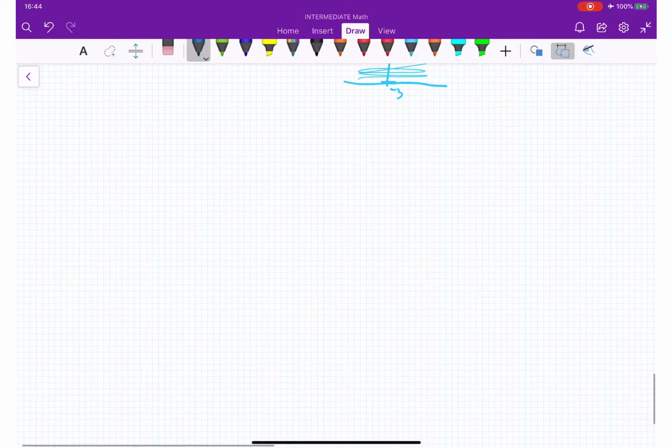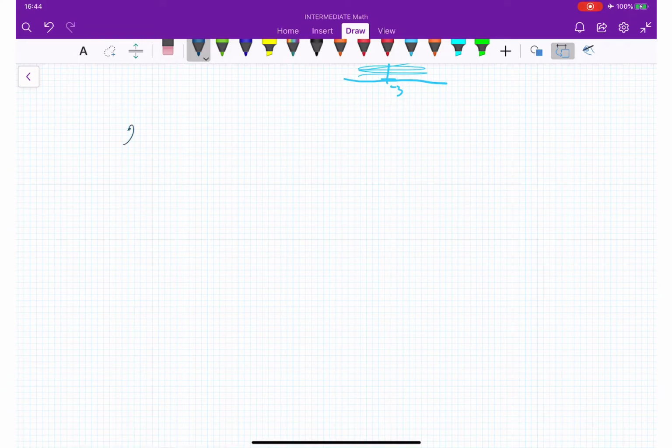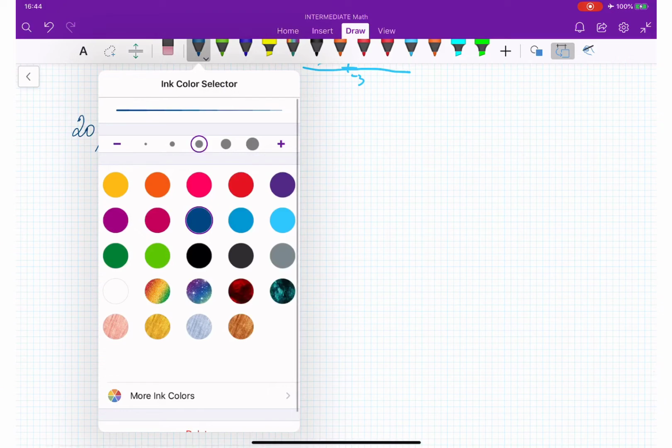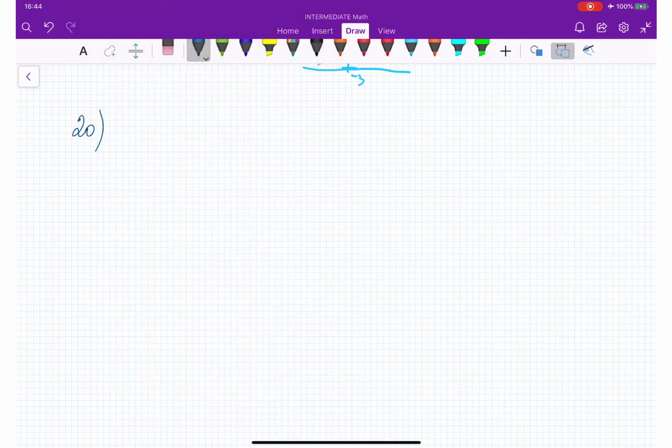So question number 20. We have y is greater or equal 4x minus 1, and y is less or equal 3 over 5x. And we need to solve it by graphing. Okay.